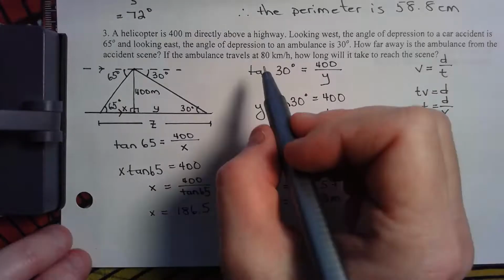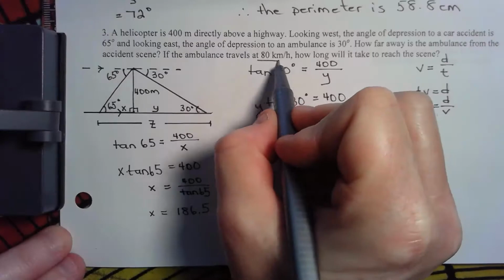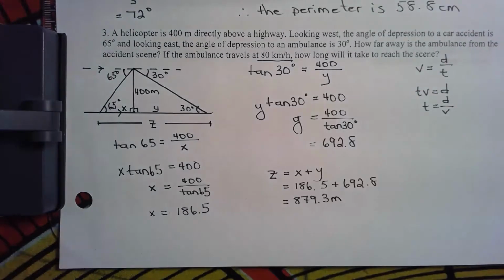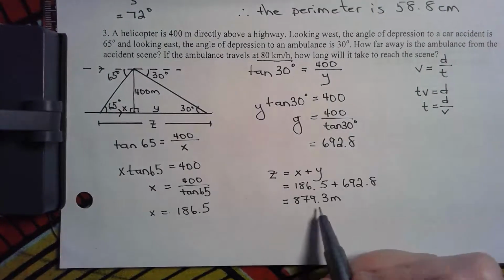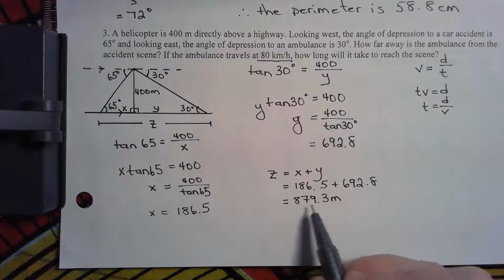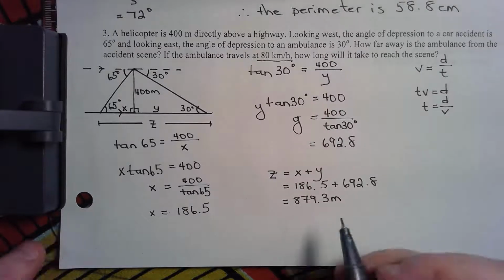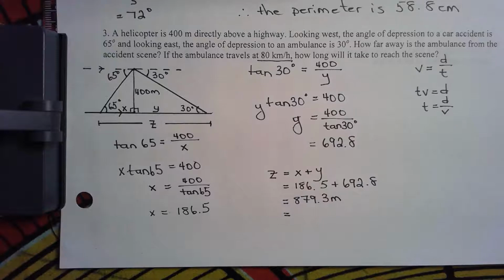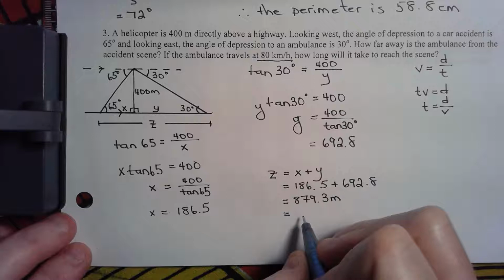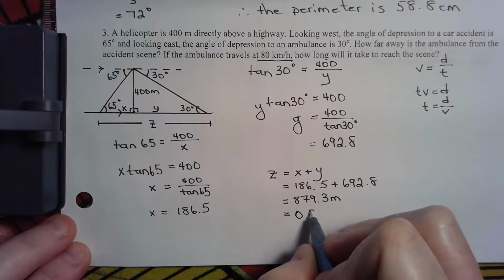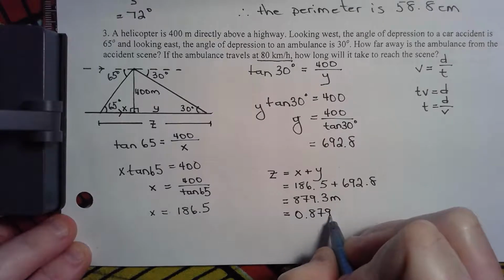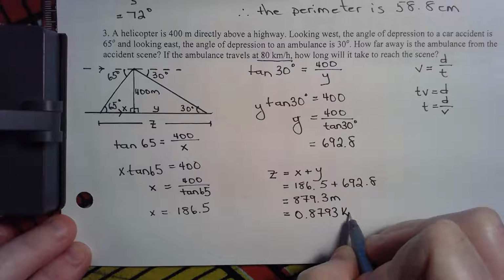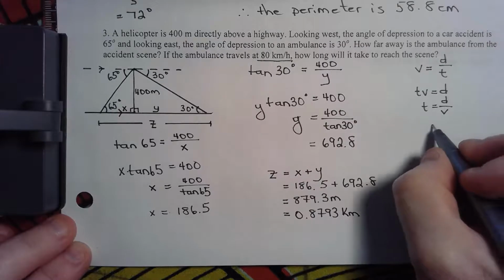Well, the only thing to be careful of is that their speed is 80 kilometers an hour, and our distance is in meters, so we need to convert one. So if we take our 879.3 meters, if we divide that by 1,000, we'll get it in terms of kilometers. So we end up with 0.8793 kilometers. So now I can plug that into this equation.